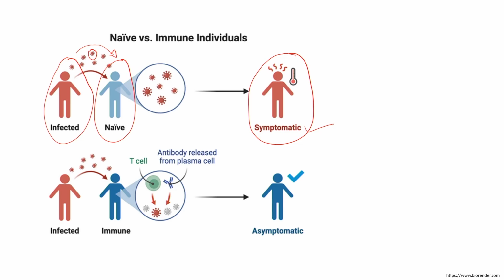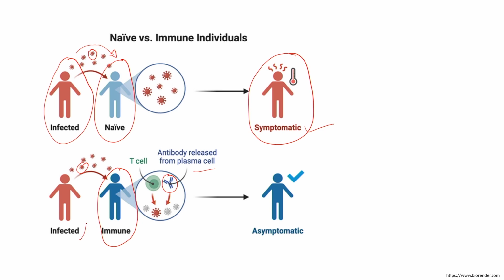While in the other case, suppose this person is already exposed to these antigens in the past, and therefore these individuals have some sort of memory in the form of plasma cells which can produce immunoglobulins that can bind to these antigens very specifically.